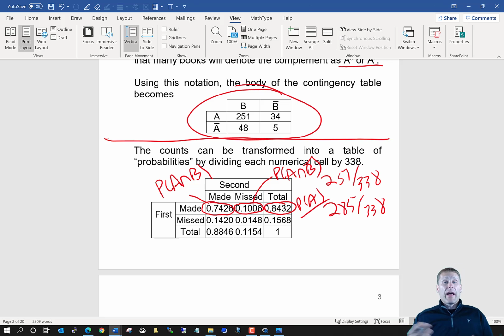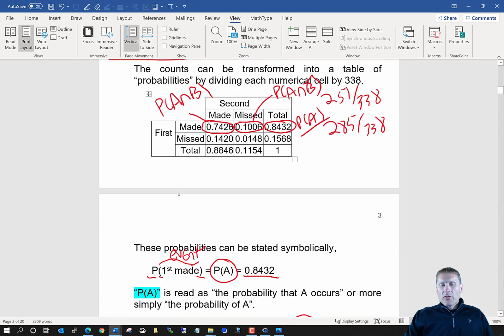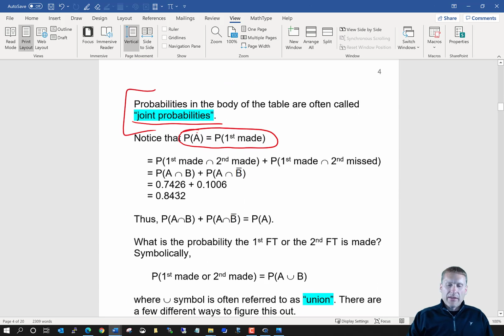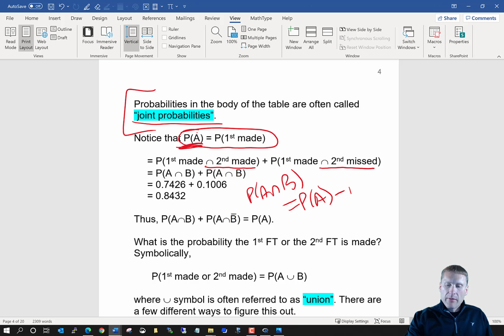And we get from that the probability of A. So that can also be a very useful item to understand, that we can take this marginal probability and write it out in terms of some joint probabilities as well. And where that can be useful is in situations where, let's say I want the probability of A intersect B. I can also write this as the probability of A minus the probability of A intersect B bar as well. Okay.